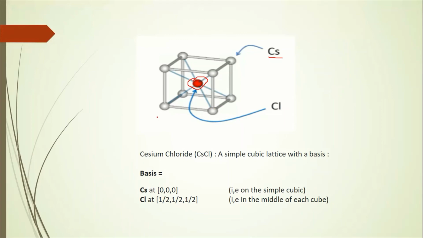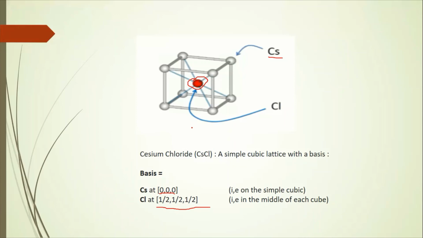The proper description is a cubic lattice with a basis of two atoms: cesium at 0, 0, 0, and chlorine at 1/2, 1/2, 1/2. So chlorine sits in the center of each cube.